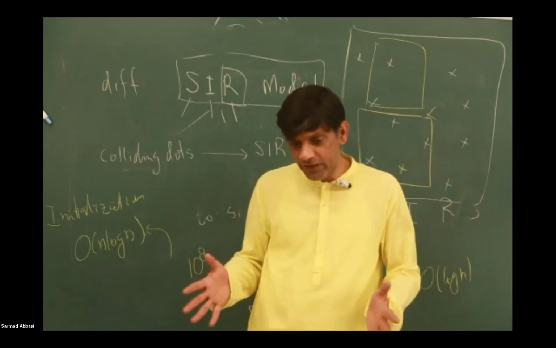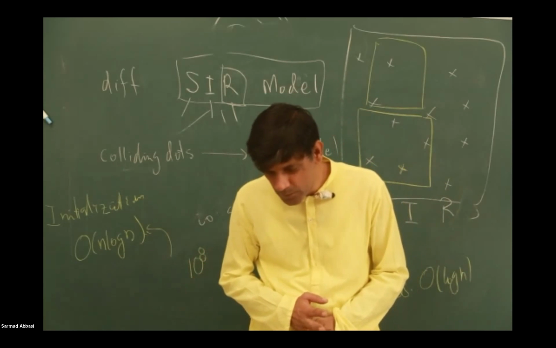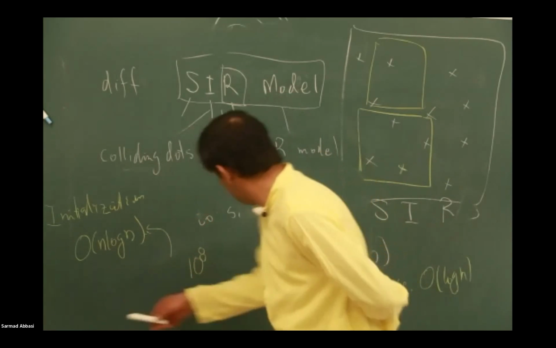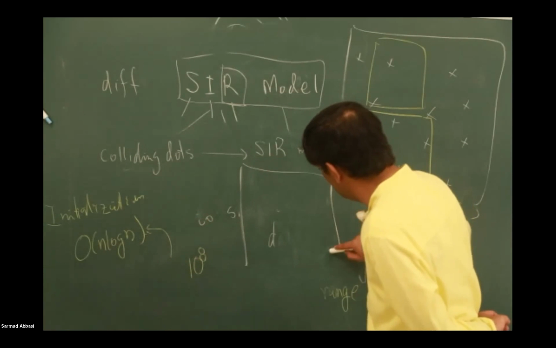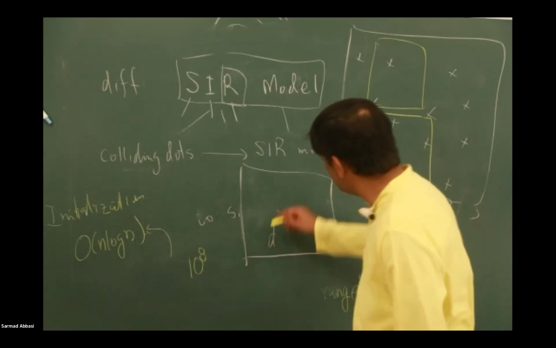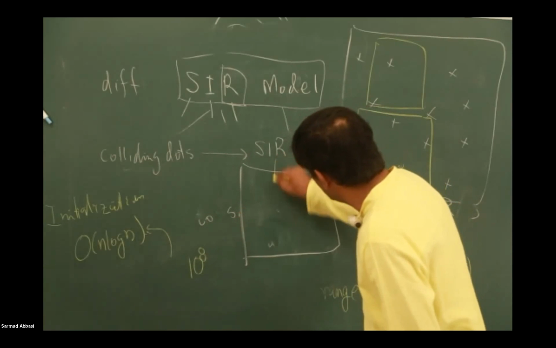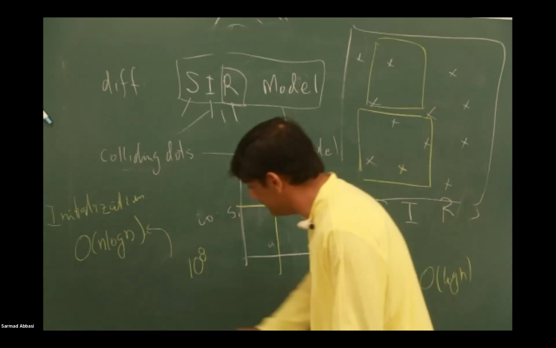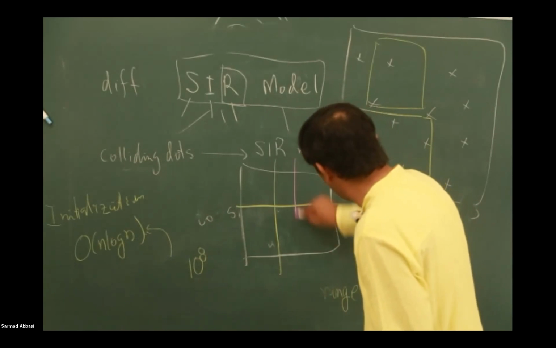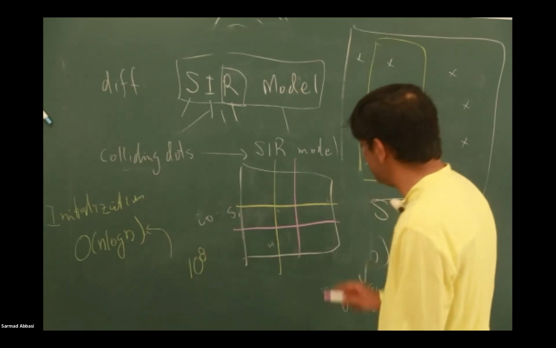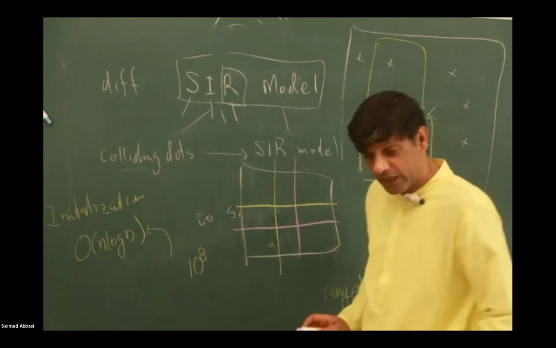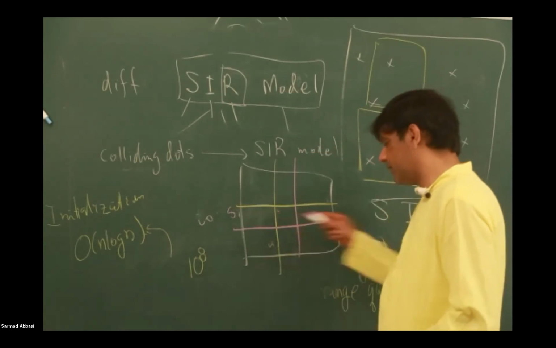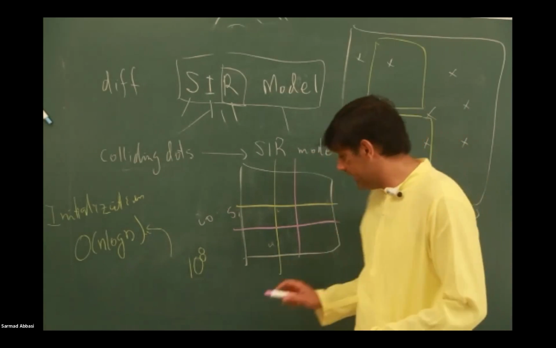Is the order of the updated matrix also the same? Yes. So you have this matrix, right? And the easiest way to think about it is the yellow particle and the purple particle. These are the particles that collide, and you have to update the yellow row, yellow column, purple row, purple column.